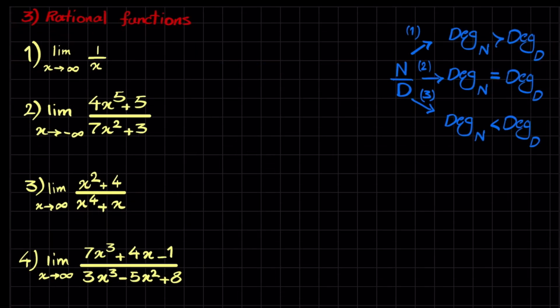So for the rational functions, which are the most common ones in the limits at infinity, we're going to start with the most popular one. Let's write down a fraction and ask what happens if I make the denominator bigger and bigger? 1 over 1000.